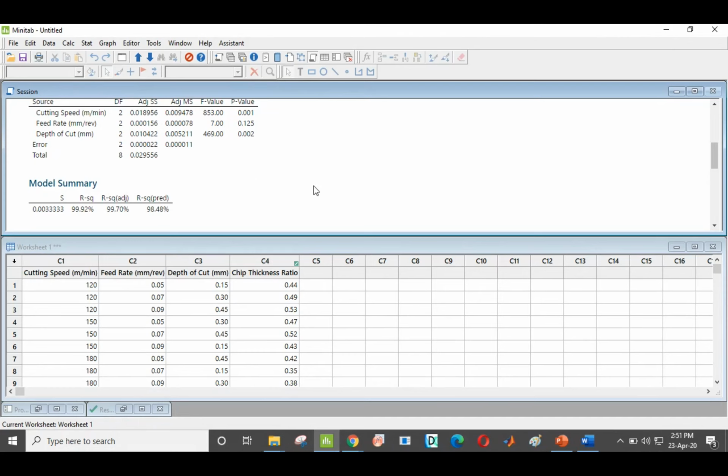That will fetch you the R square value. So R square is equal to the summation of sum of squares of all the independent variables divided by the total sum of squares. That will give us the R square value.